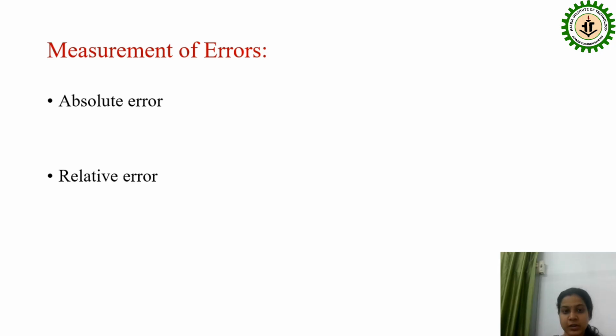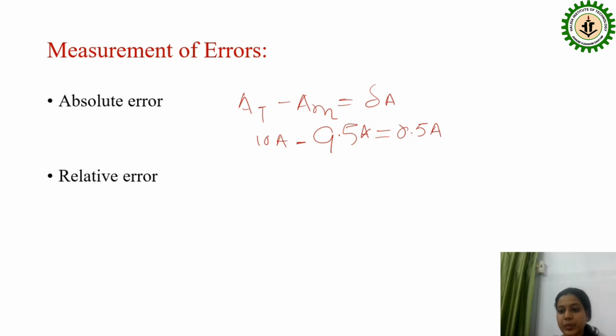It is defined as the difference between the true value and the measured value, denoted by delta A. Let the current flowing through the resistance actually be 10 ampere, and after the measurement it comes out as 9.5 ampere. So the absolute error will be 0.5 ampere.